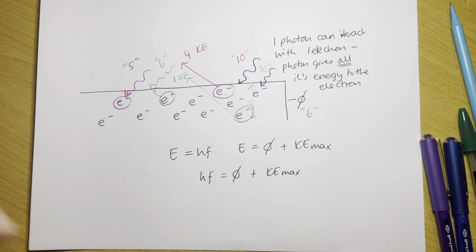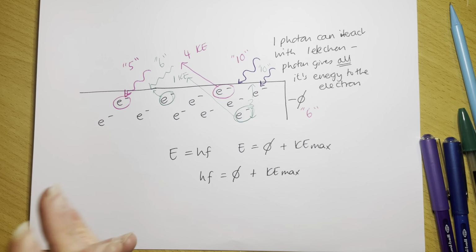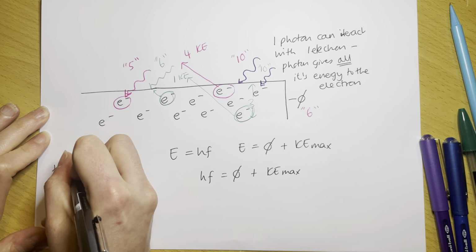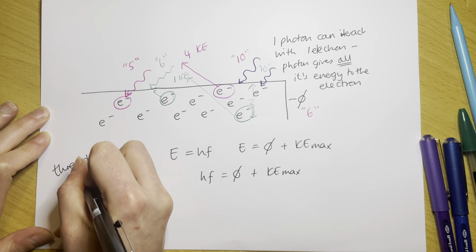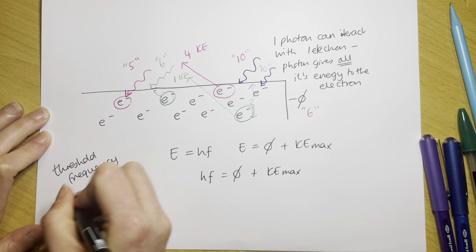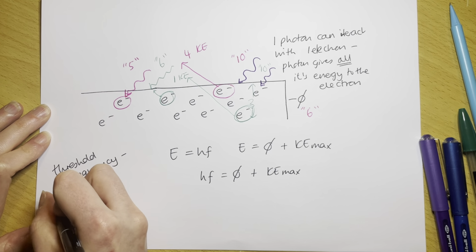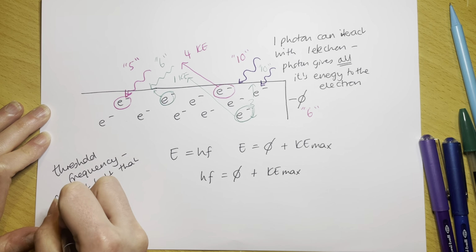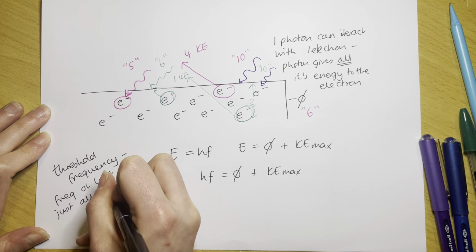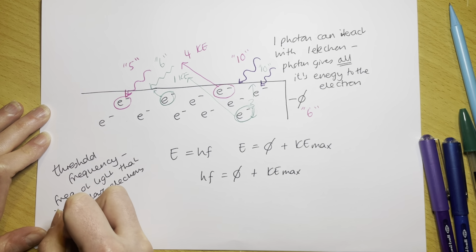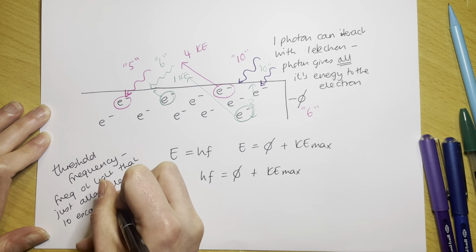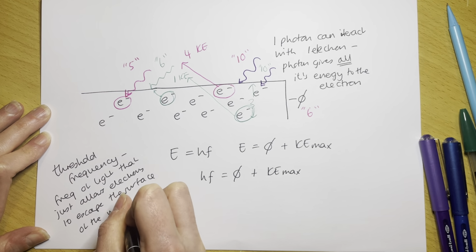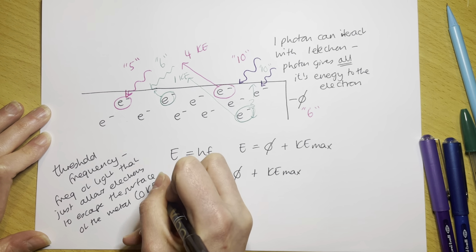We call this event the threshold frequency. So the threshold frequency is the frequency of light that just allows electrons to escape the surface of the metal.